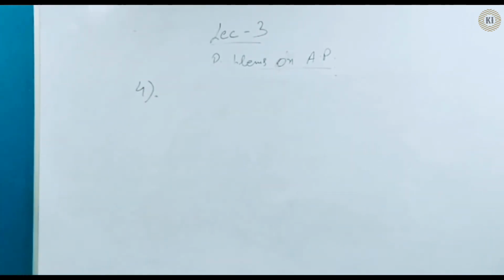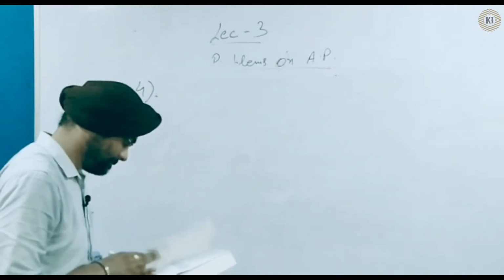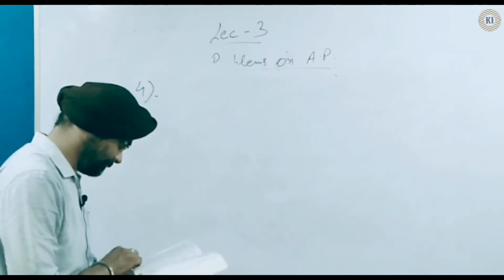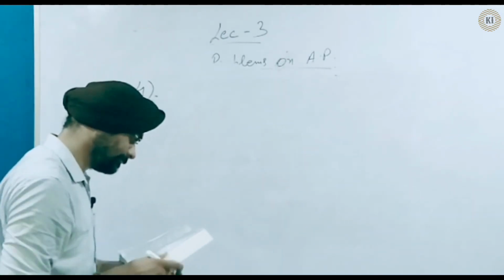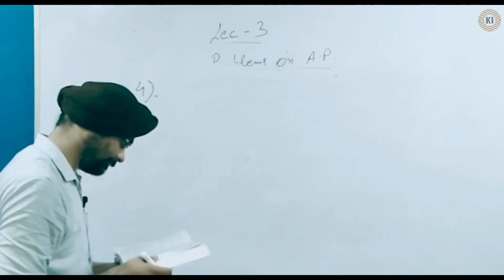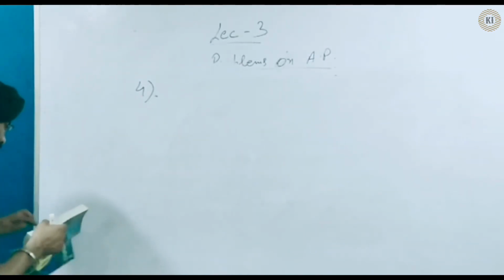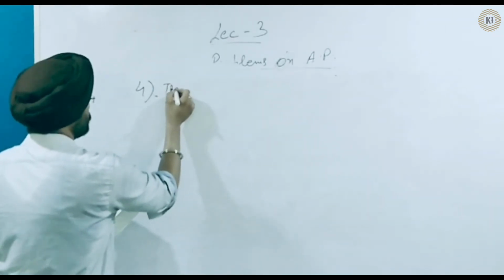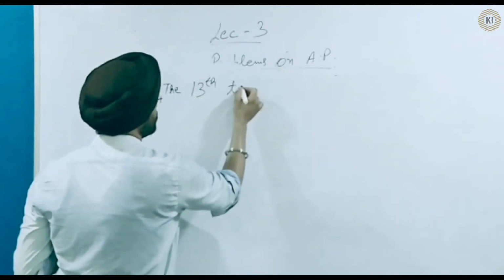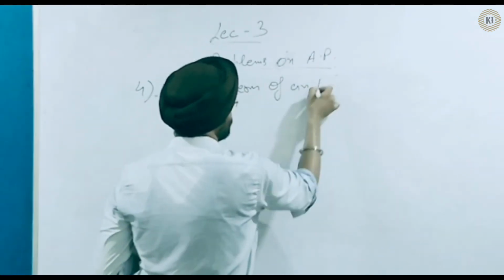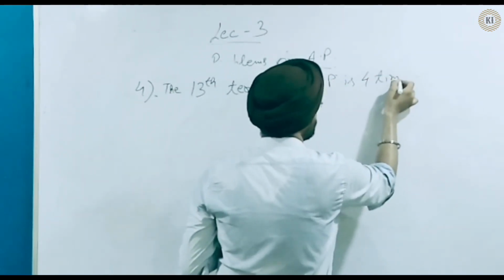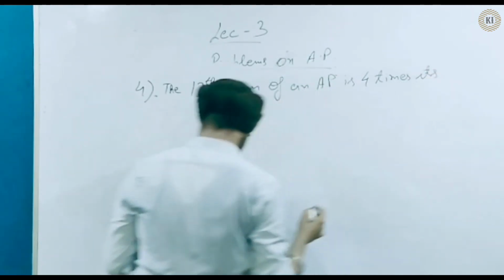Question number 4. The 13th term of an AP is 4 times its third term.